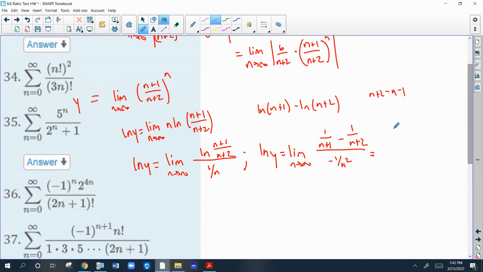Well, that works out nicely. And then multiply by the reciprocal of the bottom, so it's a negative n squared over 1. And it's still the limit as n goes to infinity. Now when we take the limit as n goes to infinity, we get negative 1.